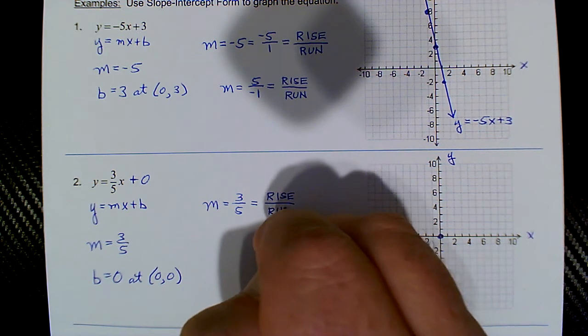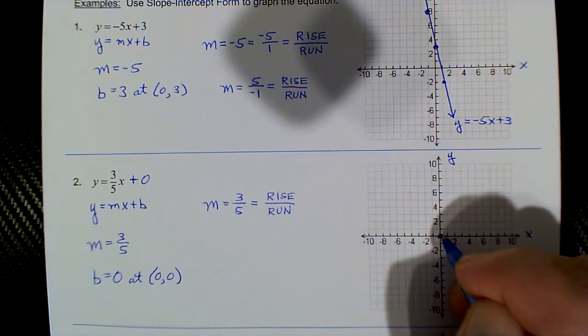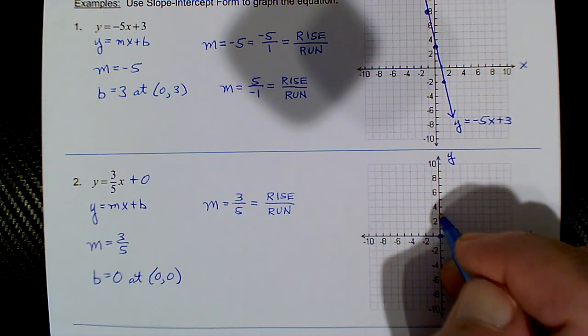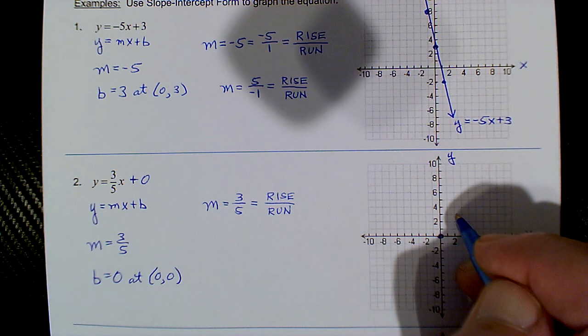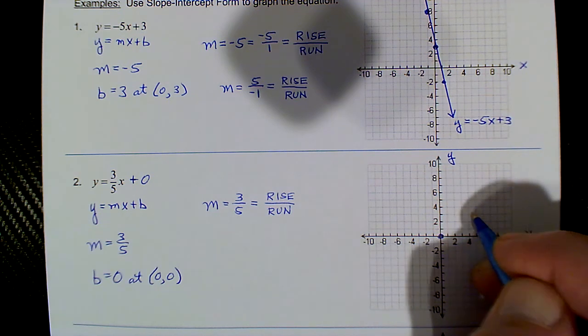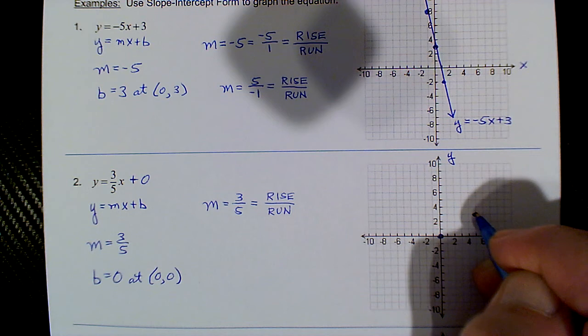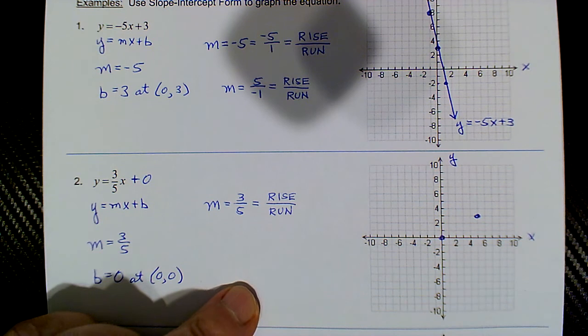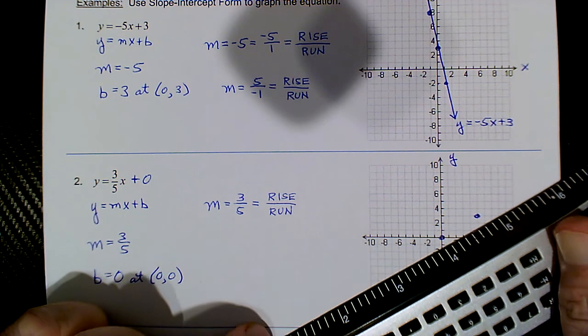And from that point, the origin, which was the y-intercept, we rise 3, so that moves up 3, and we run 5, so to the right 5, so 1, 2, 3, 4, and that would be our second point. So at this stage, we can now graph the line.